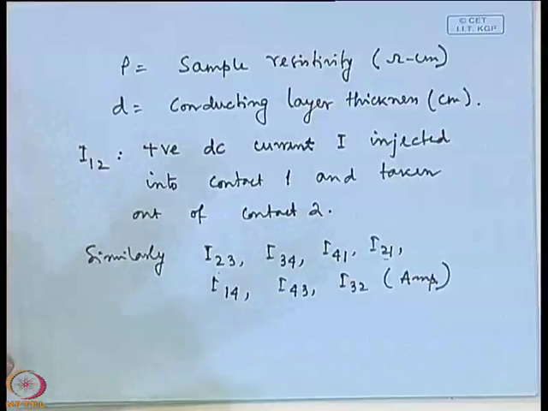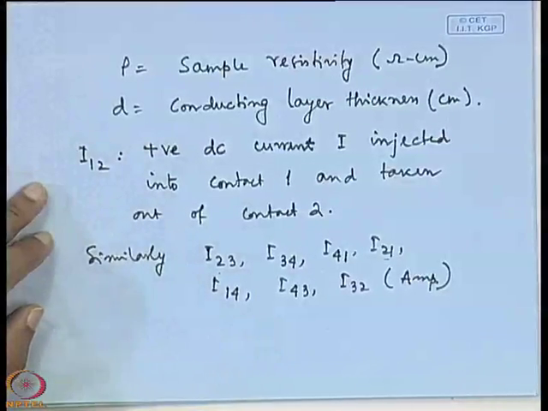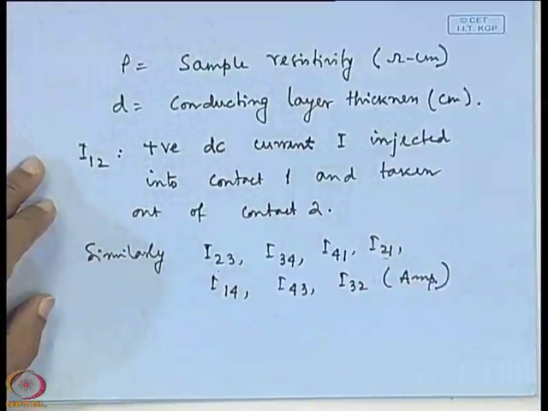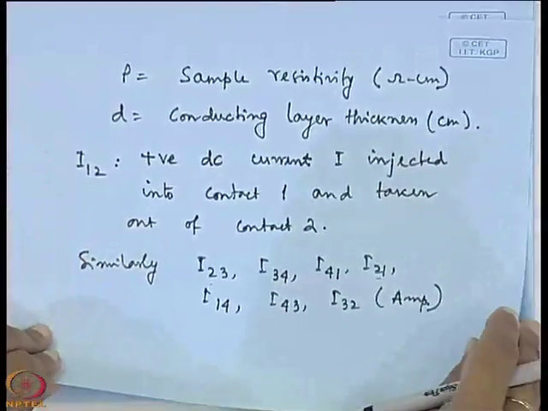So, finally you have to measure 4 currents, but if you use a constant current source, then you apply current from it. That means these values are your predetermined values. You will send the current 1 microamp, 1 milliamp or 1 nanoamp, whatever be the case, it depends on the resistivity. So, 8 currents you have to consider.